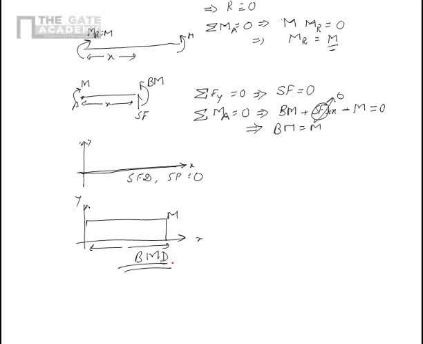Now let's take the other simple case, which is what happens if I apply a concentrated moment to a simply supported beam. Now this is the case for a simply supported beam.